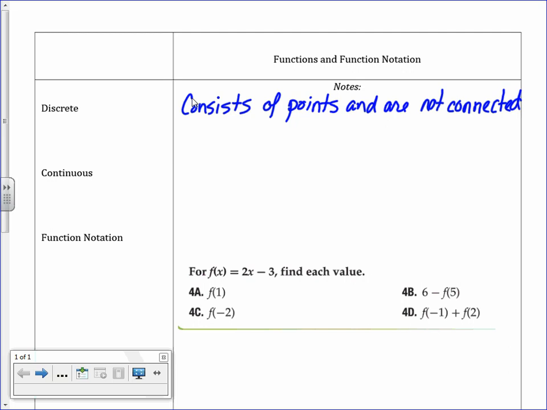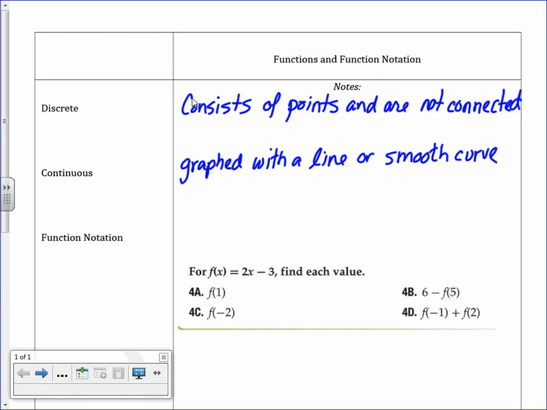And continuous, they're graphed with a line or a smooth curve. And we saw some of those in our examples that we've talked about.